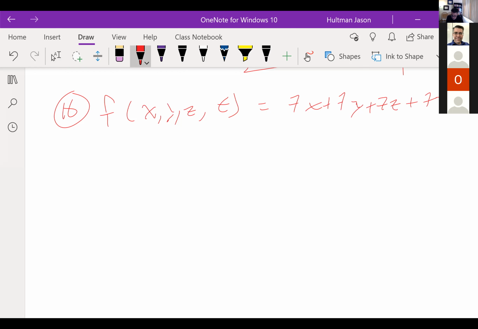My constraint is that 7x squared plus y squared plus z squared plus t squared is equal to 8. So my function is what I want to minimize or maximize, and this is the constraint that I'm constrained to.